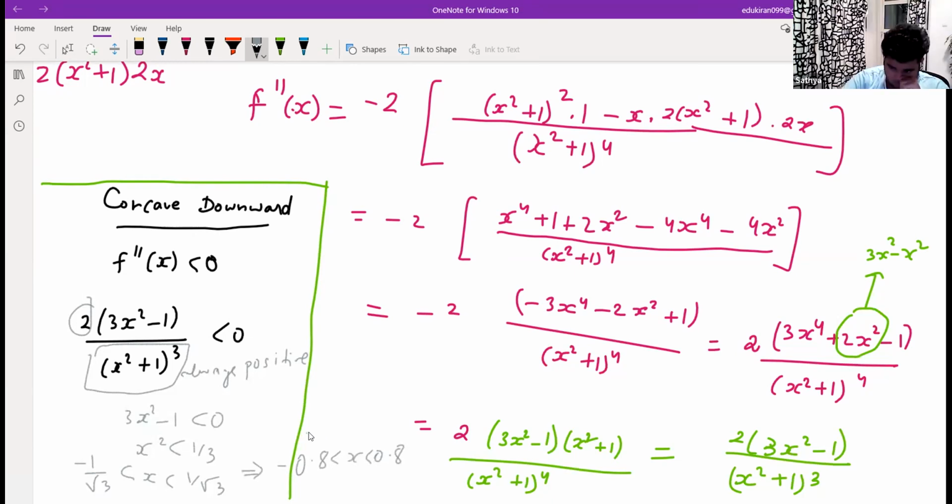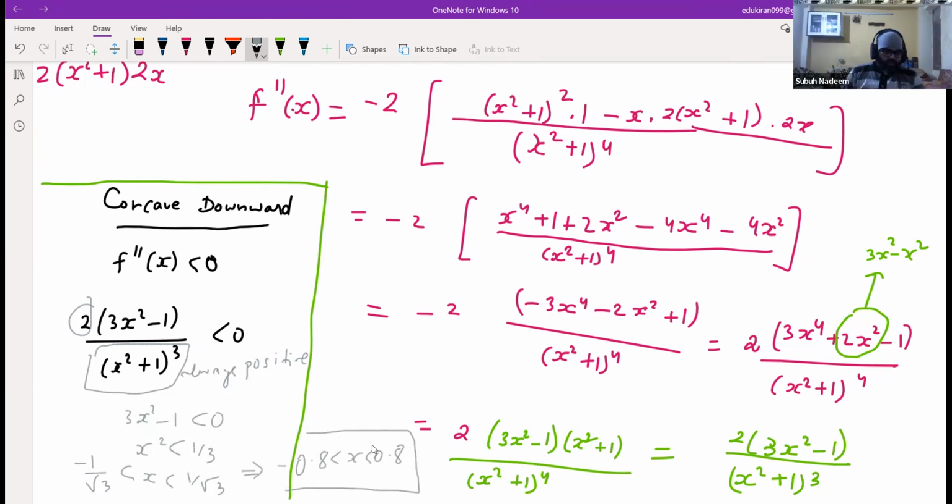Yeah, minus 0.5 to 0.5 is there. Yeah, so that is actually within this interval. So you can take that as the correct answer. If you want to write the steps, you can write them. Yes.